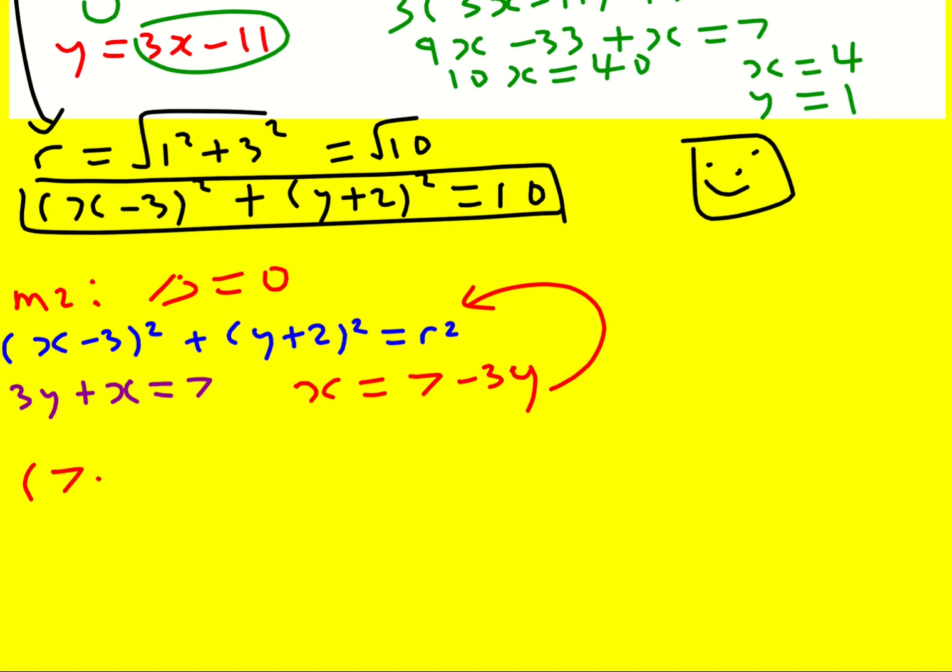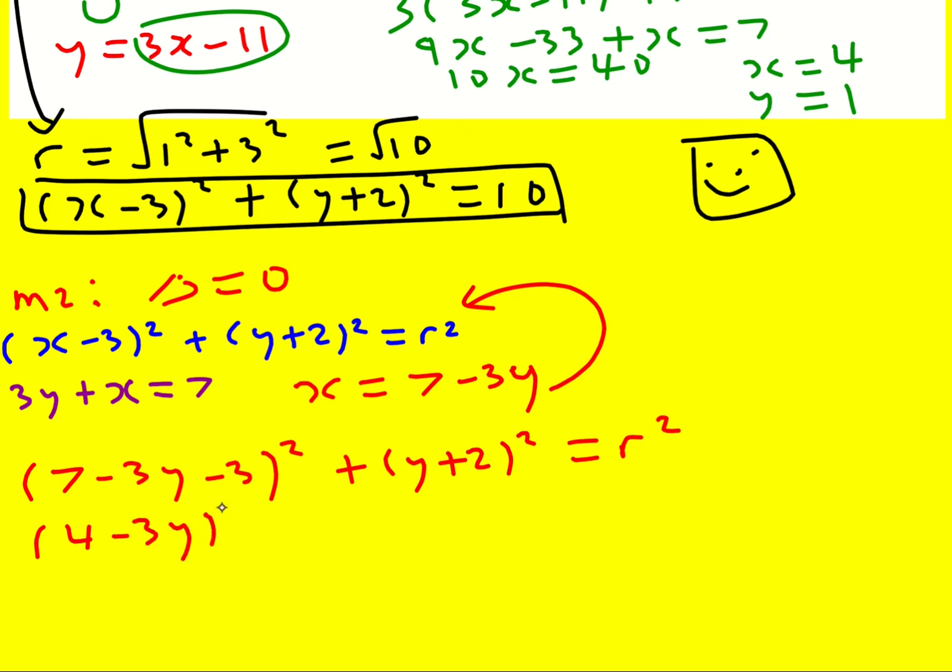So it's going to be (7 minus 3y minus 3) squared plus (y plus 2) squared equals r squared. That means (4 minus 3y) squared plus (y plus 2) squared equals r squared.